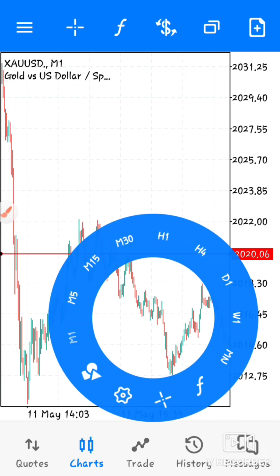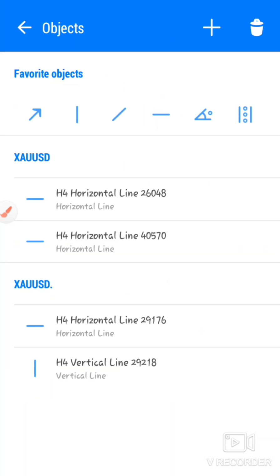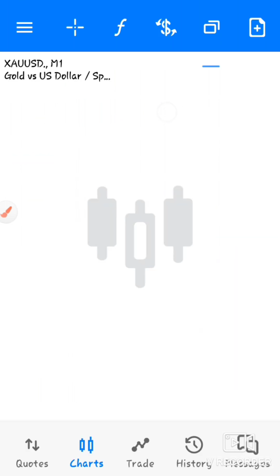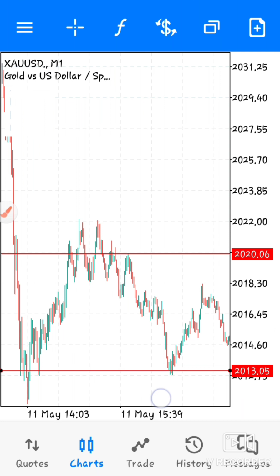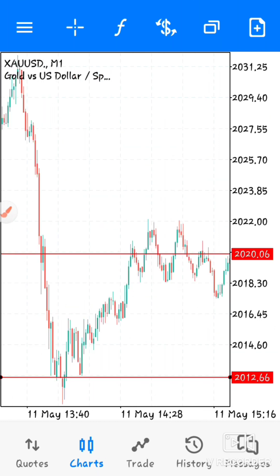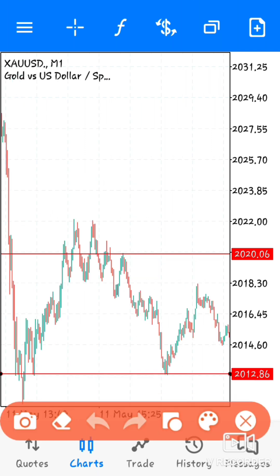Like what you see, price came back to that zone and it respected that zone. See, after price moved up to this point, coming back, it respected that zone.